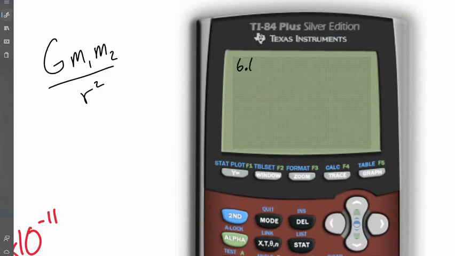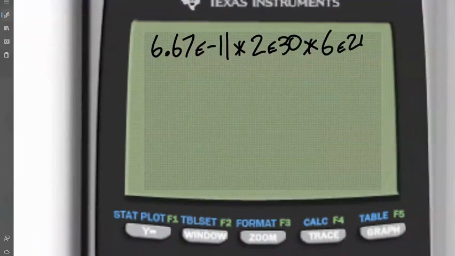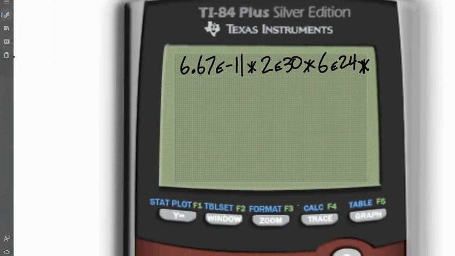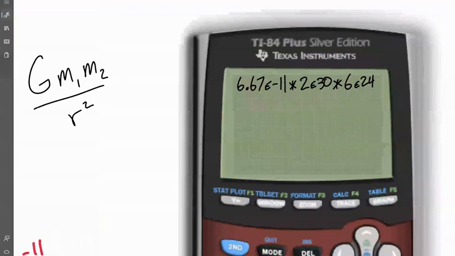I want 6.67 E minus 11, sorry, negative 11, times the mass of the sun, 2E30, times mass of the Earth, if I can remember, 6E24. I'm running out of space, so I'm going to go on to the next row. Oh, sorry, this is not times, because that's GMM. Now we need divided by R squared.